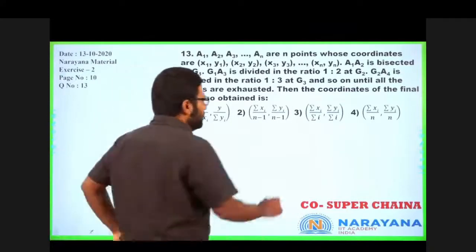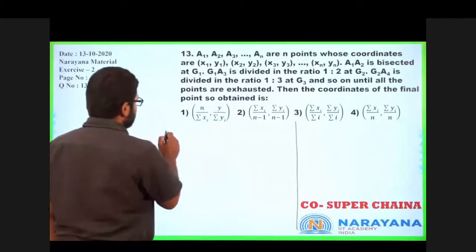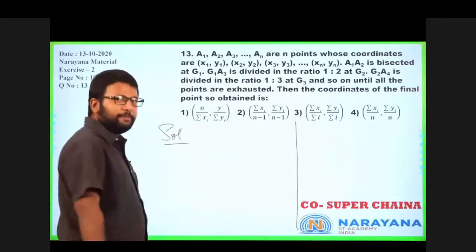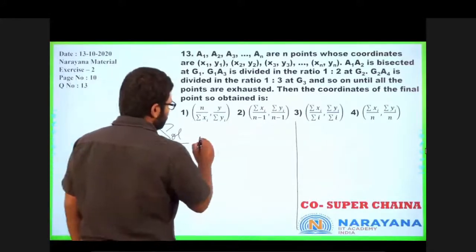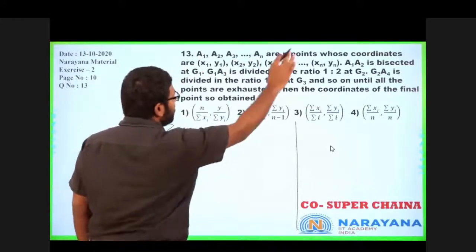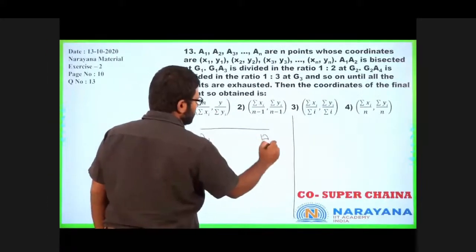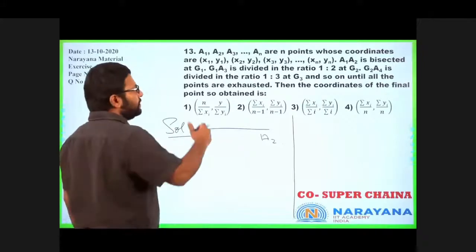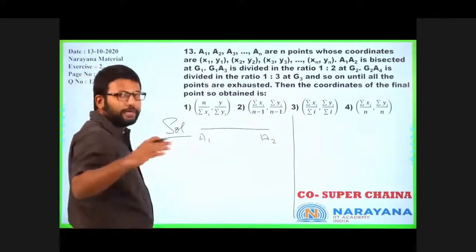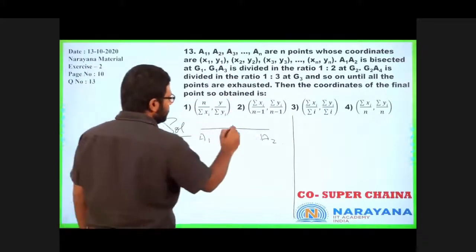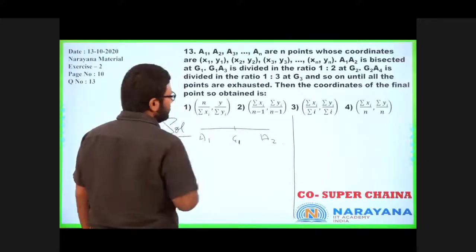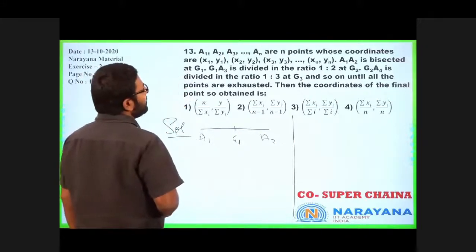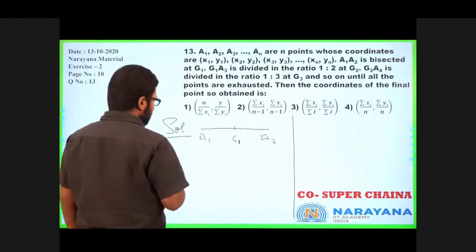Okay, so let us get into the battlefield. A bunch of points A1, A2, A3 etc. are given. Start with A1 and A2. You already know whatever is given, so I don't have to write everything once again. G1 bisects A1A2, right?